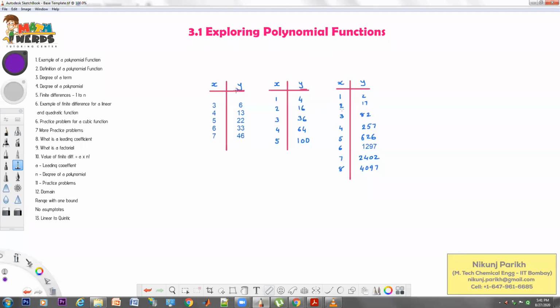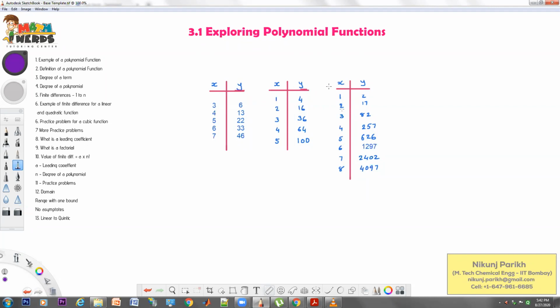So now I have given you three tables. In each of these, you can see that the value for x is evenly distributed, right? It increases by a fixed number in each case.